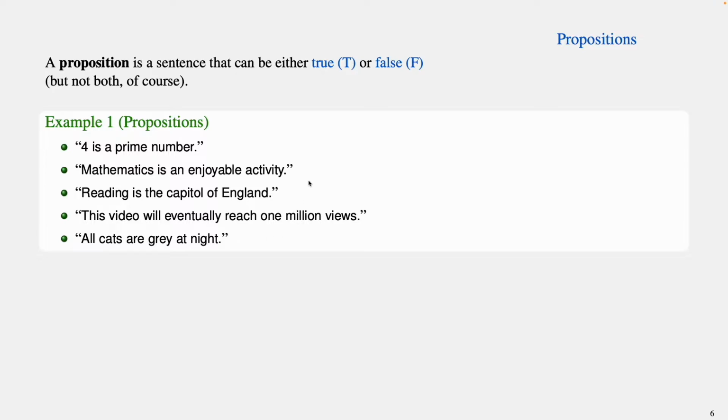Now note that for some of these, there's some context required to determine whether these are true or false. For example, if we look at this proposition here, mathematics is an enjoyable activity, well, that is a statement that is either true or false, but it might depend on who is making that statement. Also with this one, this video will eventually reach 1 million views.